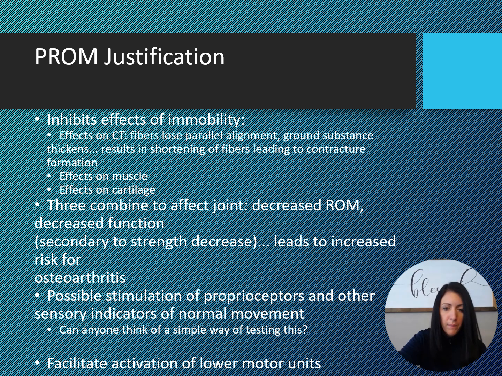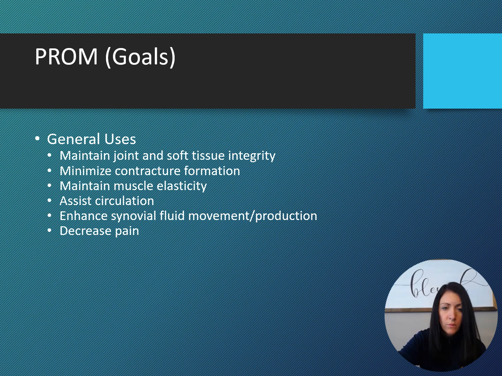Let's talk about the goals for passive range of motion. The primary goal is to decrease the complications that would occur with immobilization, such as cartilage degeneration, adhesion, contracture formation, and sluggish circulation.